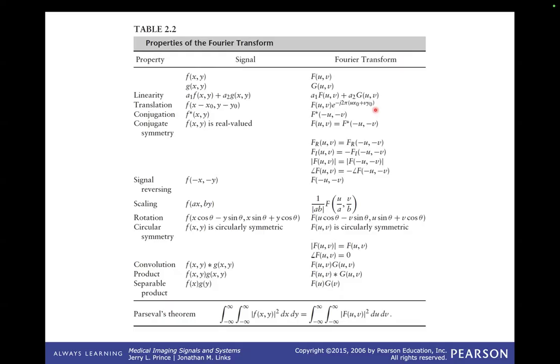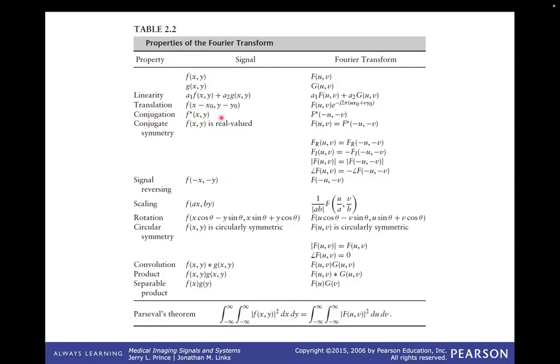If I'm looking at my image and I take its Fourier transform and I get F(mu, v) here, then the image gets shifted in the plane. I don't have to recompute the whole Fourier transform. I know that it's the original Fourier transform just multiplied by this phasor that is proportional to the offsets in the plane. Oh, this is a really good one: conjugate.